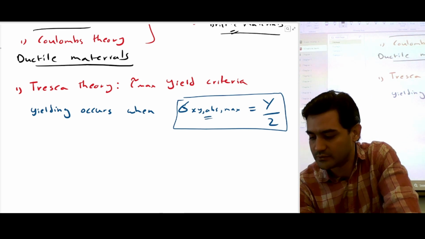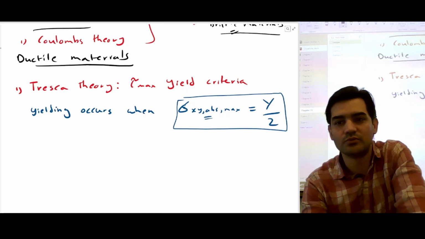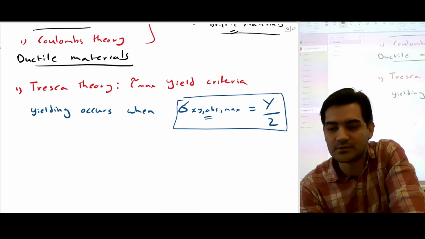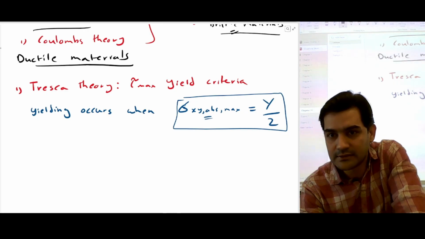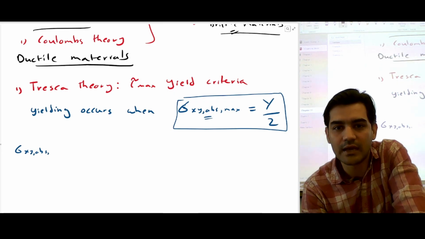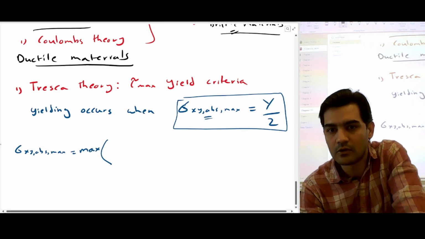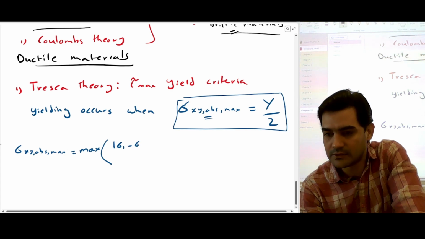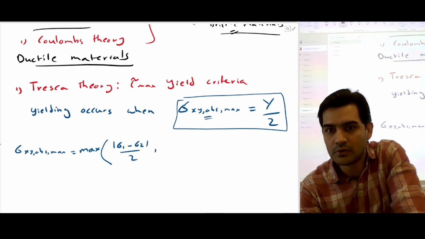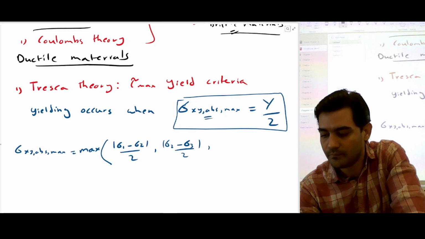This we can calculate as the subtraction of stress 1 and stress 2 divided by 2, which is also the maximum shear stress. I'm just going to write how we can calculate this stress, tau xy absolute. We can calculate this by using this equation, which is the maximum of stress 1 minus stress 2 by 2, stress 2 minus stress 3 by 2, and stress 3 minus stress 1 by 2.